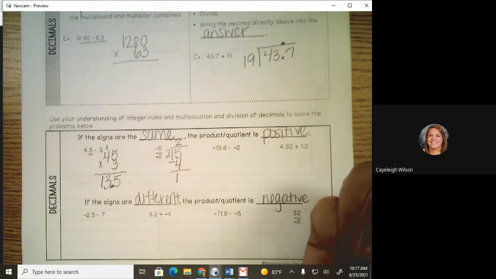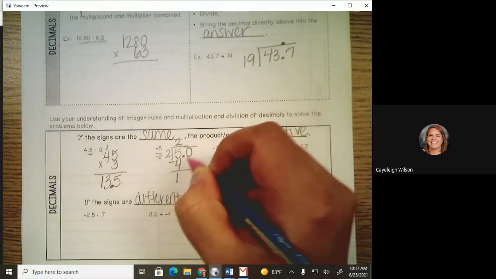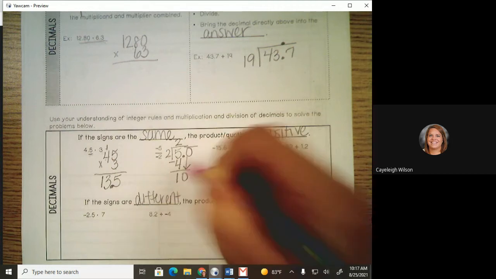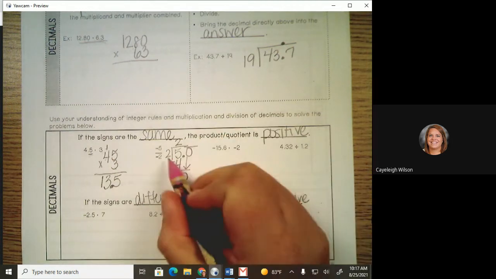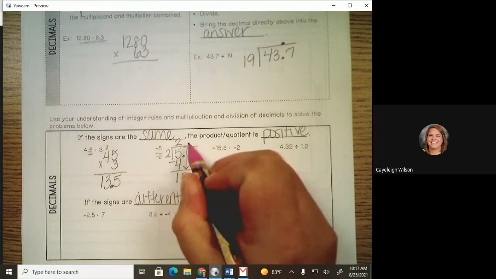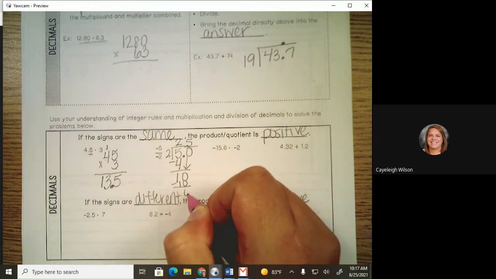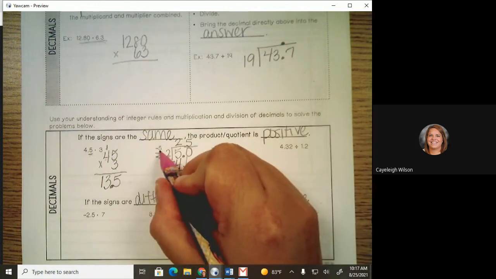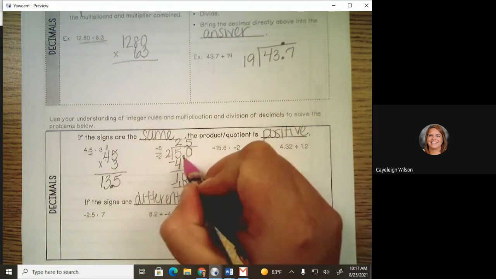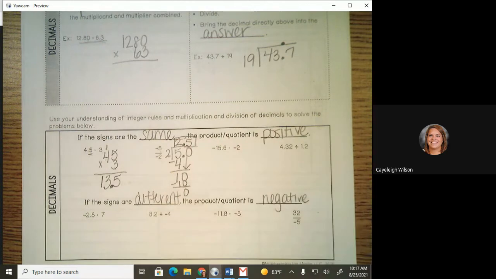Now we are doing decimals in this, so I am going to add a decimal place and a 0 and bring down that 0. 2 goes into 10 5 times. 5 times 2 is 10, and I don't have a remainder. So I know that -5 divided by -2, and I bring this decimal up, is 2.5.